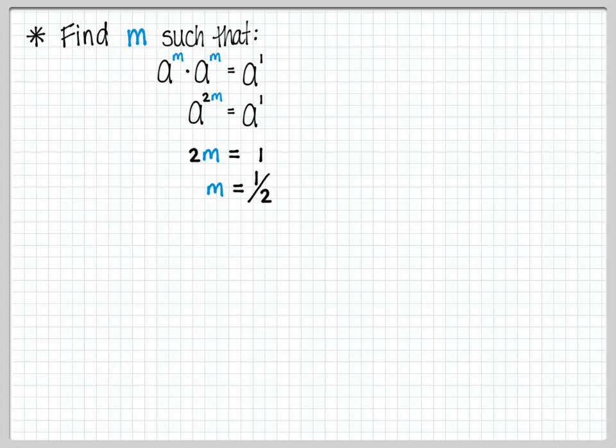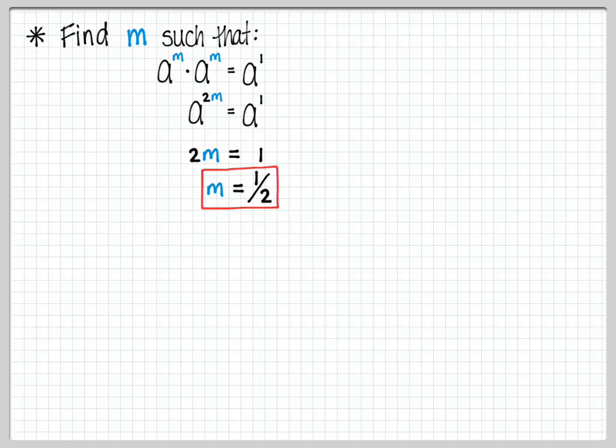Well, a to the m times a to the m is just a to the 2m. And since I now have a to the 2m equals a to the first, the bases are the same, so therefore their exponents must be the same. So 2m must equal 1, and solving for m, we divide by 2 and get m equals 1/2.